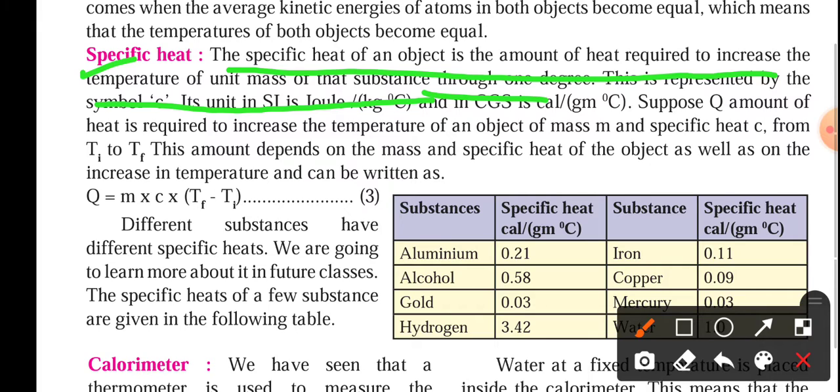If I am heating 1 kg of water by supplying heat to it, and I want to raise its temperature by 1 degree Celsius, suppose the initial temperature was 25 degrees Celsius and I want to bring it to 26 degrees Celsius, then the amount of heat required to raise its temperature by 1 degree Celsius will be called the specific heat of that particular substance.